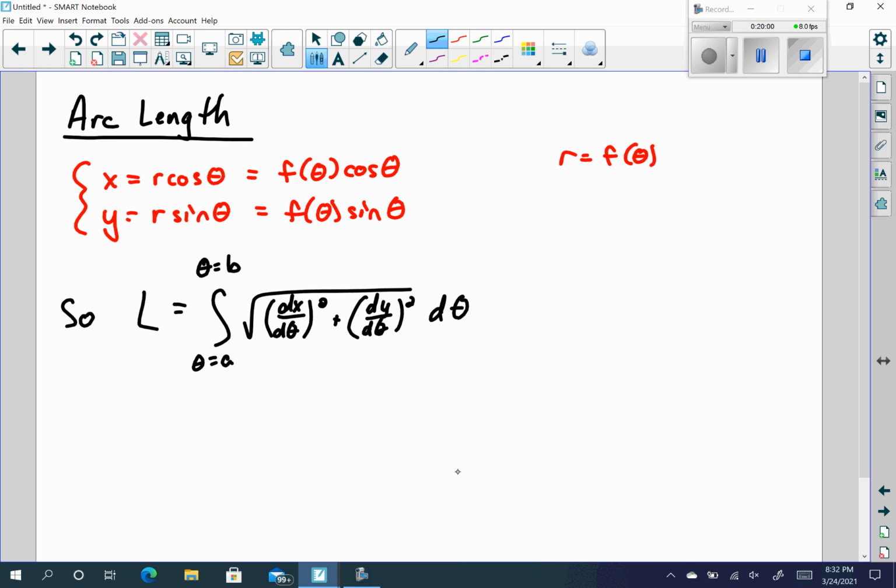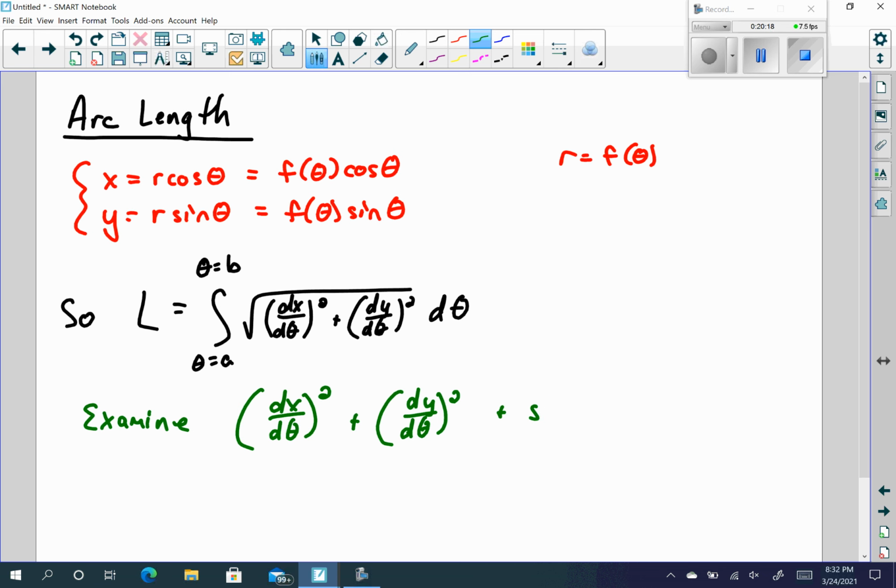But we need to get this in terms of r and theta. So let's examine dx over d theta squared plus dy over d theta squared and simplify it.